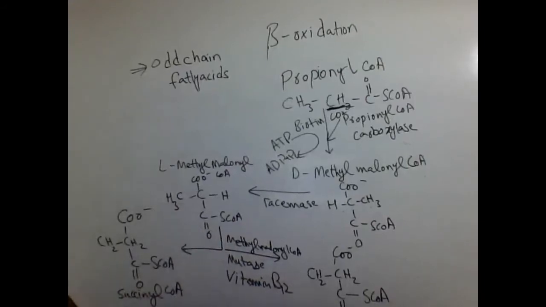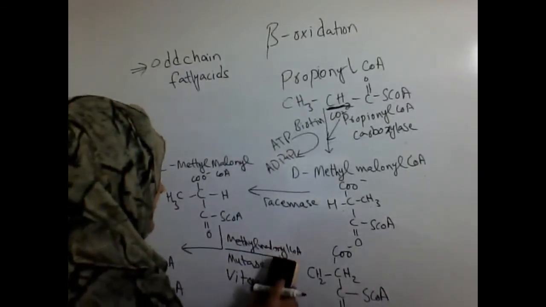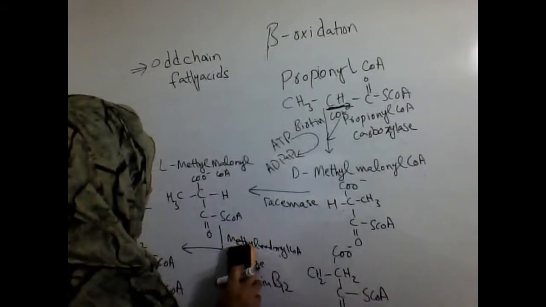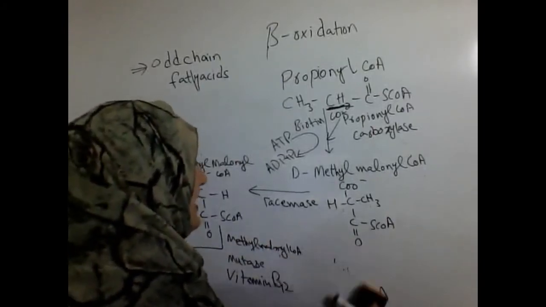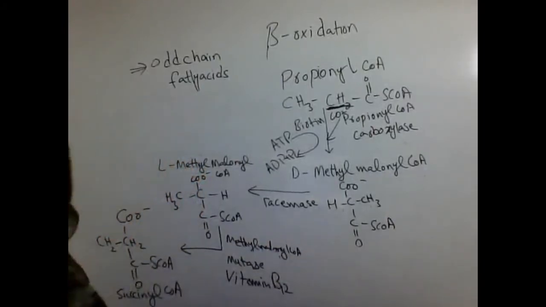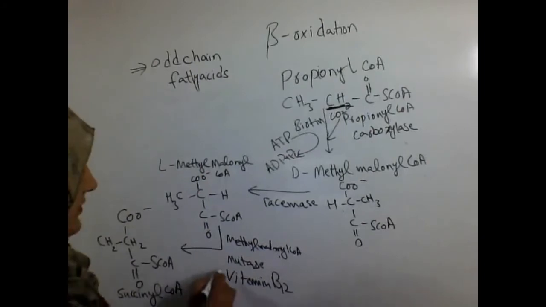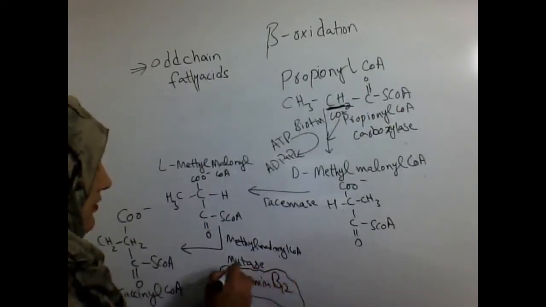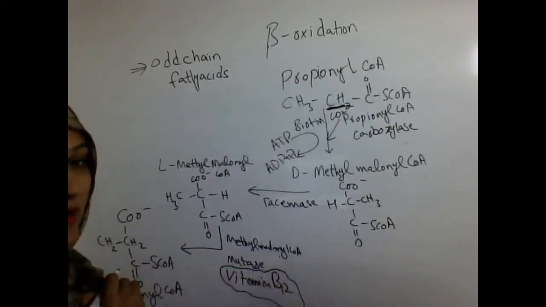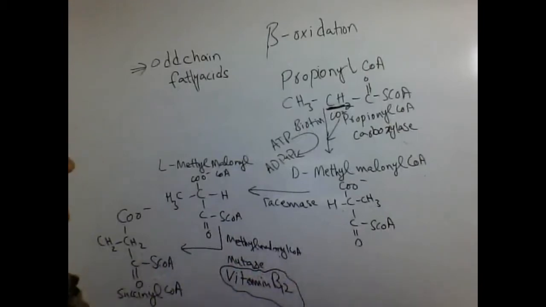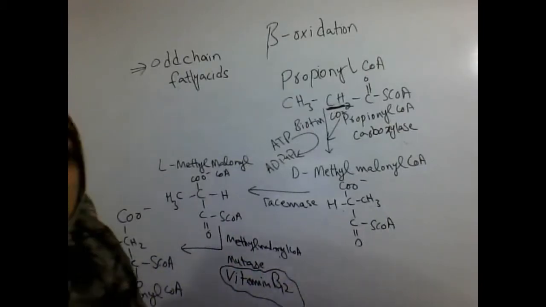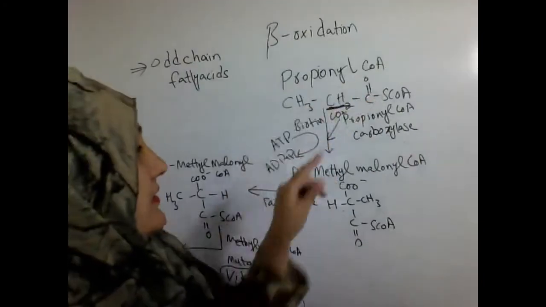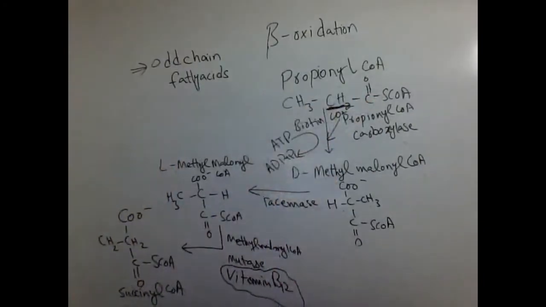The final product is formed by the enzyme methylmalonyl CoA mutase, in the presence of vitamin B12 as a coenzyme. This is converted into succinyl CoA. By these steps, the propionyl CoA is converted into succinyl CoA.